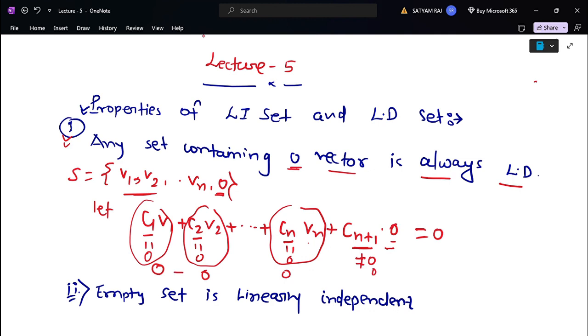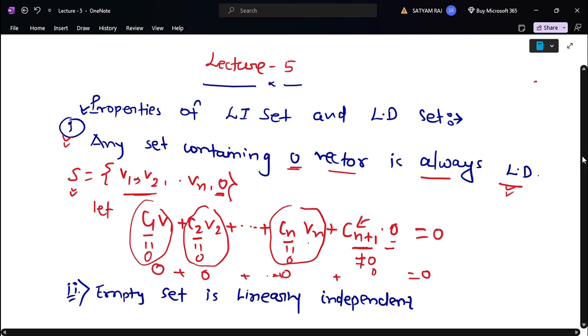So all the additions will be the zero vector, but one of the coefficients is non-zero, hence this set is linearly dependent. So whenever a set contains the zero vector, that set is always linearly dependent.